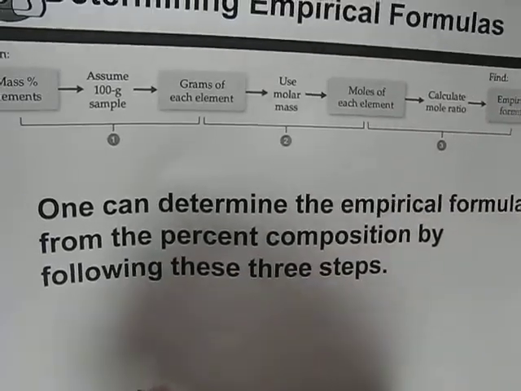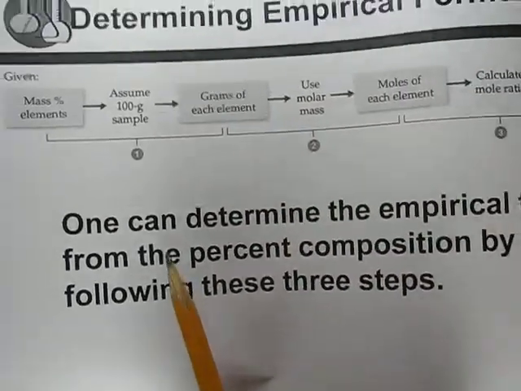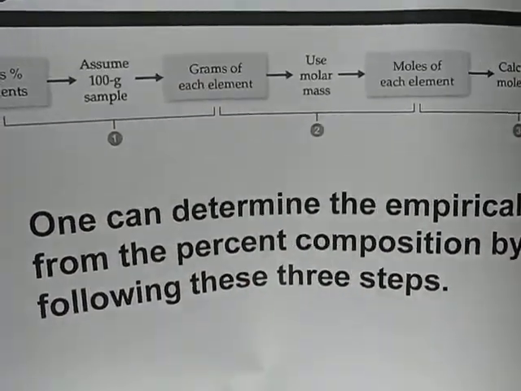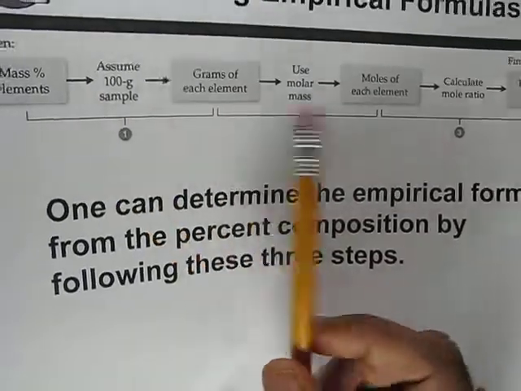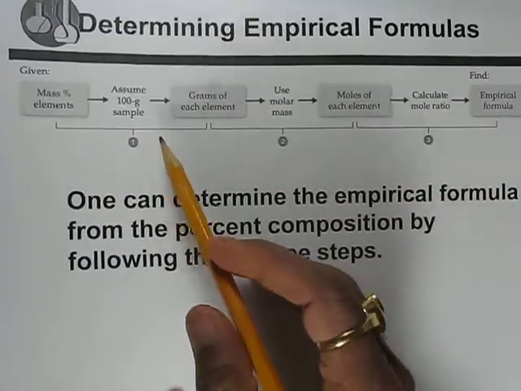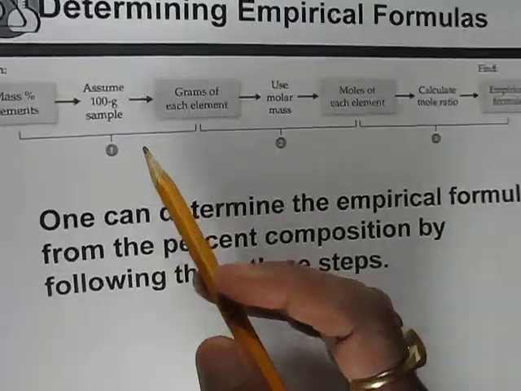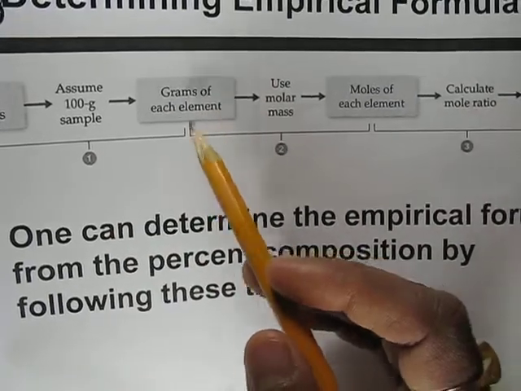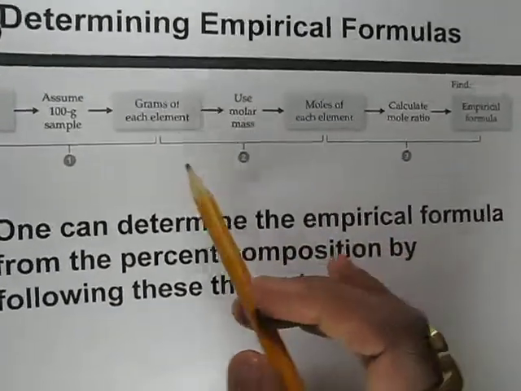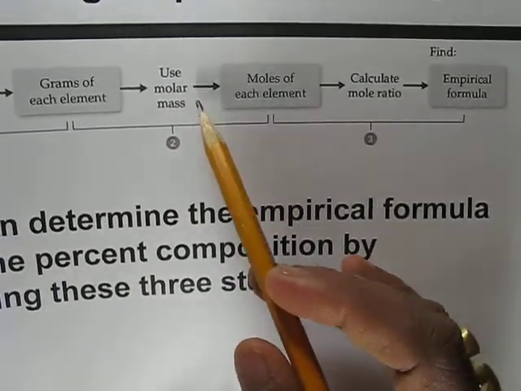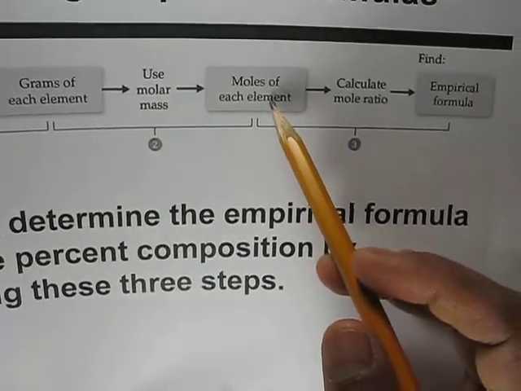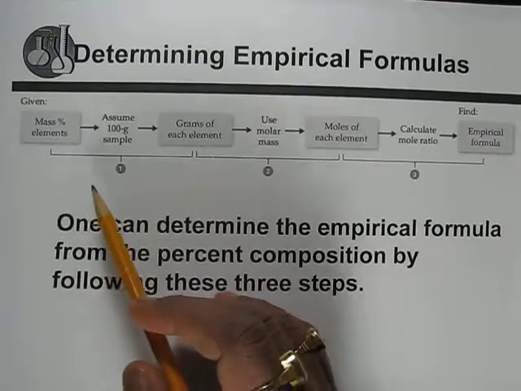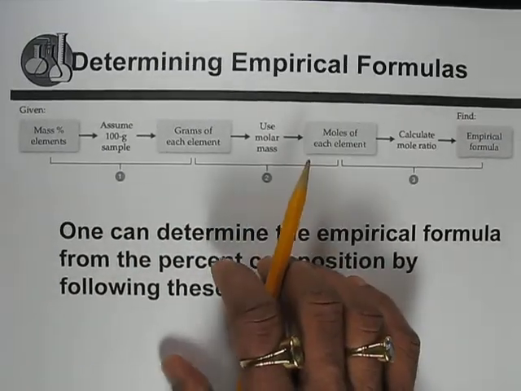If we know the mass percent of an element, then we can assume that in any formula the total amount will be 100% or 100 gram, and then if we know the gram of each element, use molar mass to find the mole of each element and then calculate the ratio. So this is the simple pathway to determine the empirical formula.